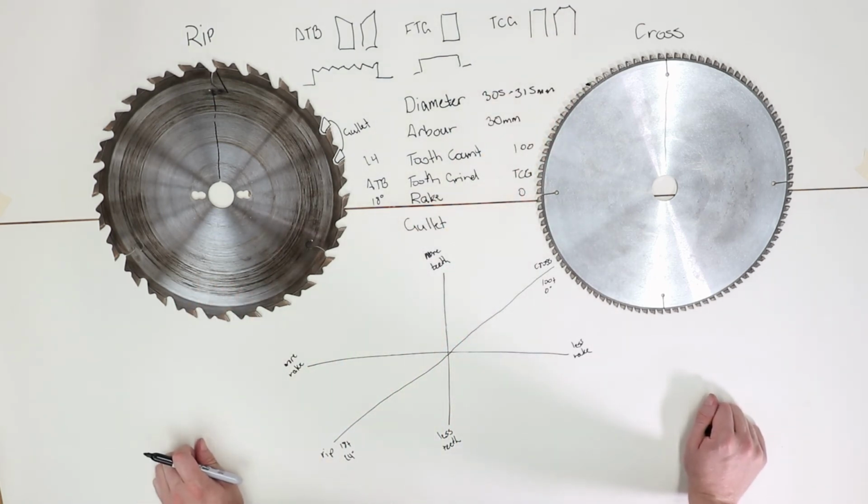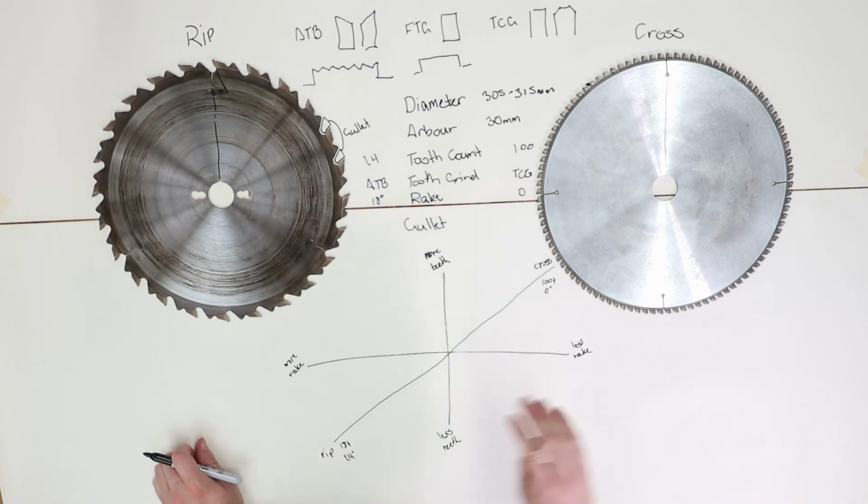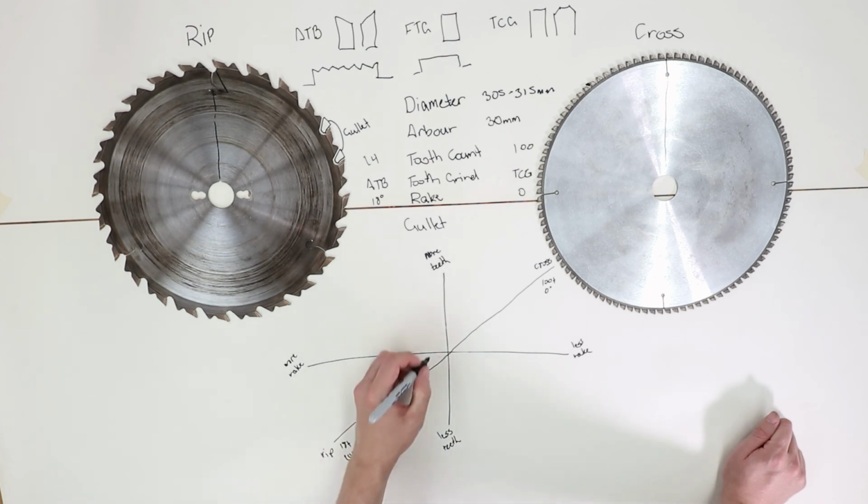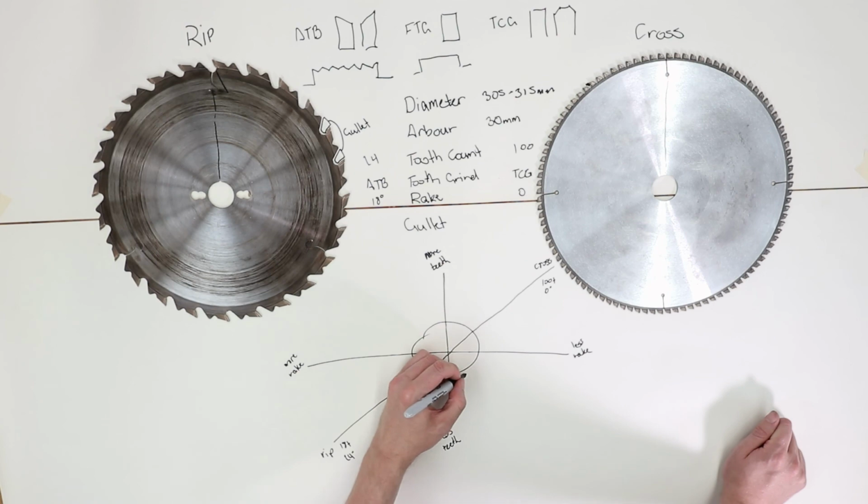Picking the right blade for the application is important because not only does it make your work better, but it means that we distribute the wear across all our blades. We have to get them sharpened less, and you'll get a better result. For the most part though, a lot of the time, if you're doing something like a plywood cut, you're going to be right in the center here.